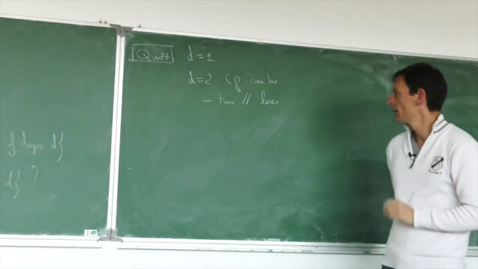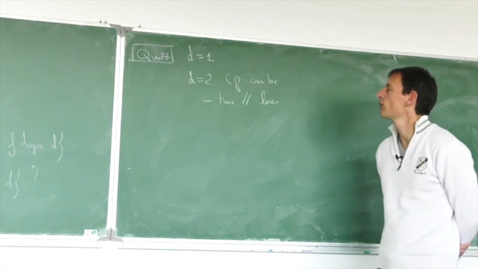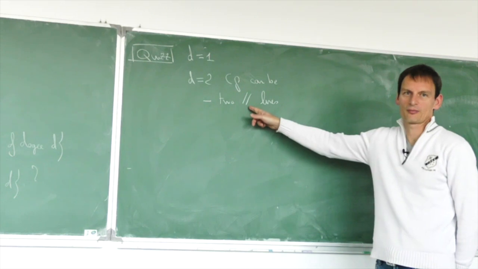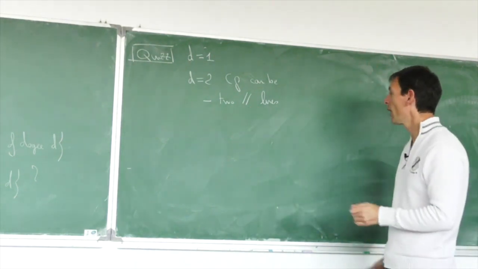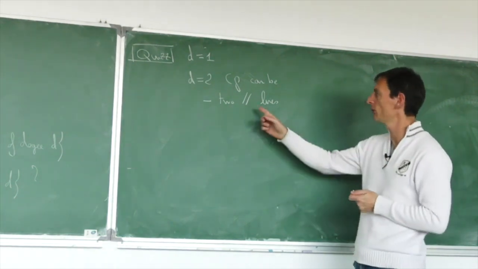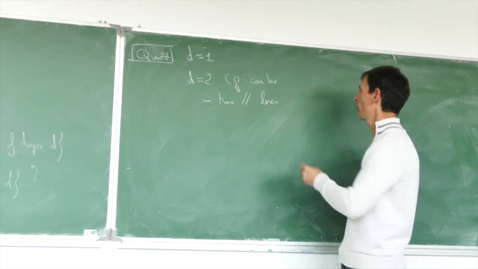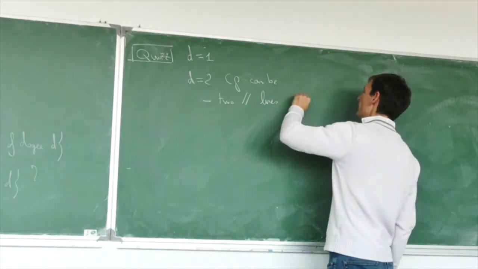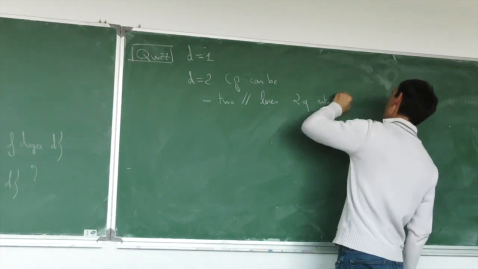Okay? So if you have 2 parallel lines, you are in the case of degree 1 twice. And as the lines are parallel, they don't have any common points. So how many points do you have in total? You have the number of points on one line, which is q, twice. So here you would have 2q rational points.